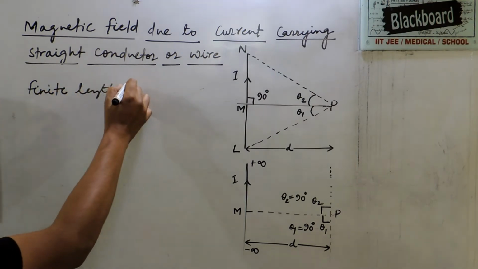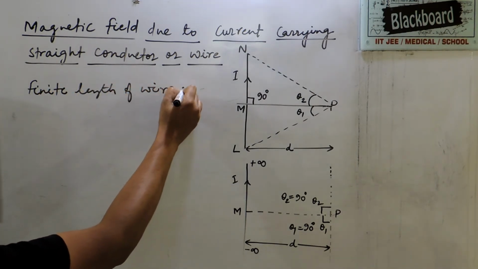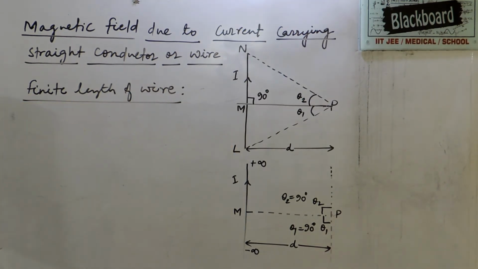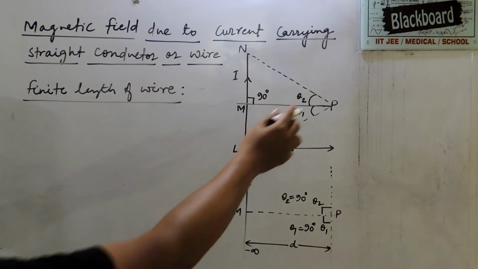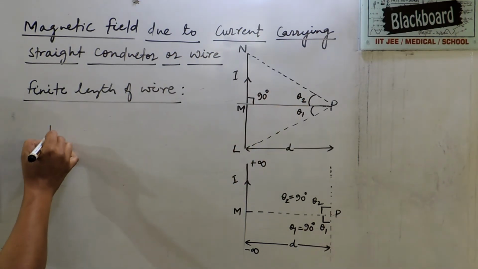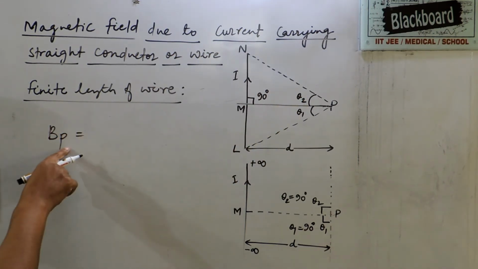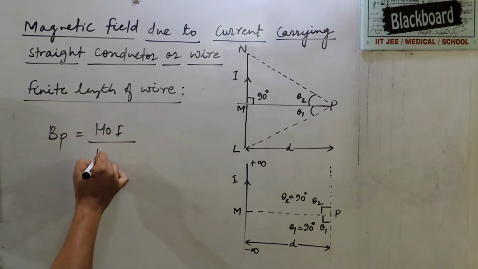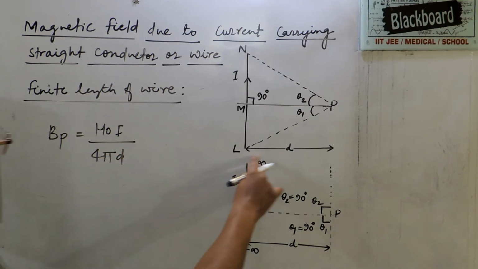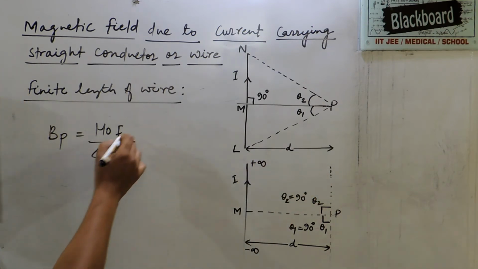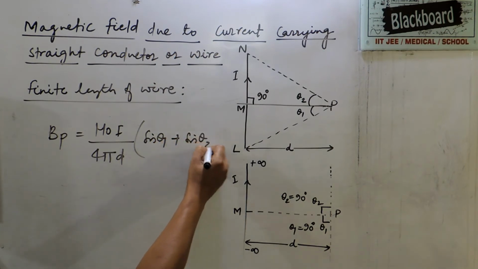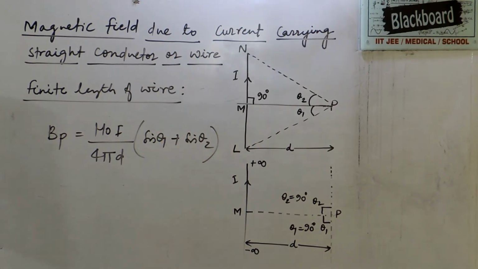Magnetic field due to a finite length of wire at point P is given by BP equal to mu naught times I divided by 4 pi d, where d is the distance, times sin theta 1 plus sin theta 2. The derivation of this result will be in the next session.